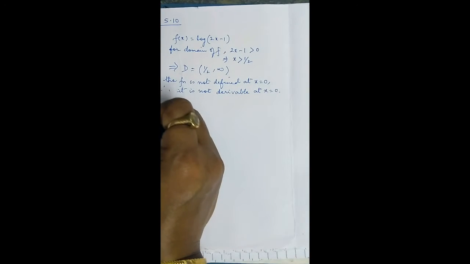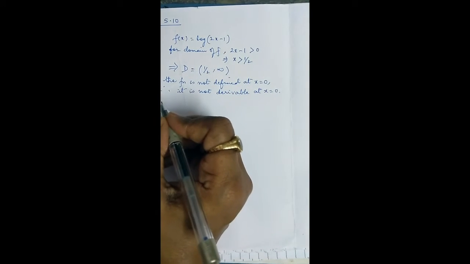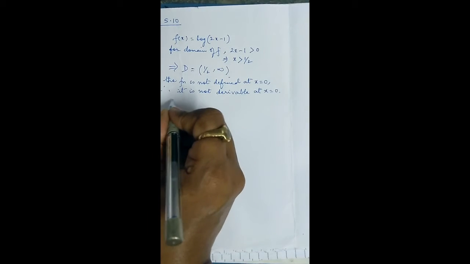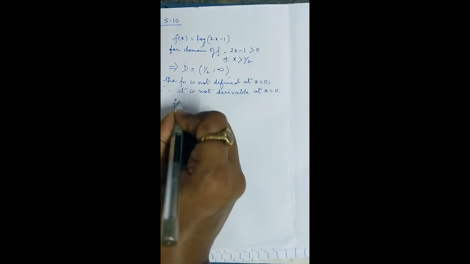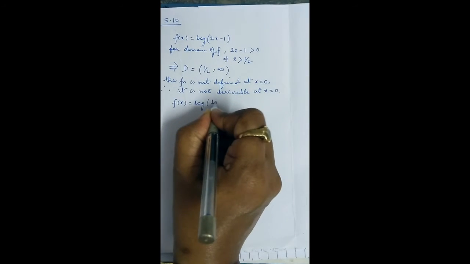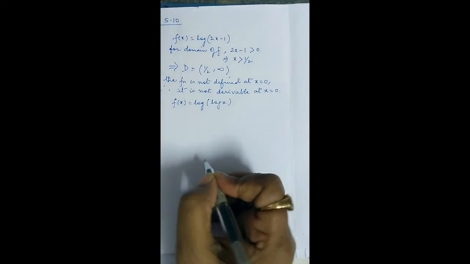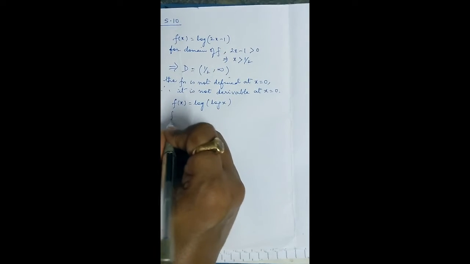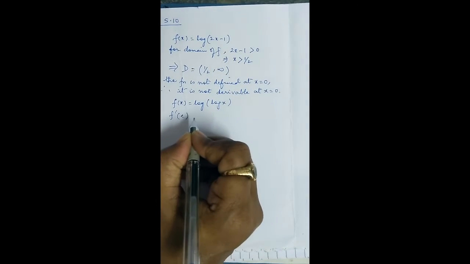Similarly, the second part says f(x) is equal to log of log x, and you have to find out f dash e.